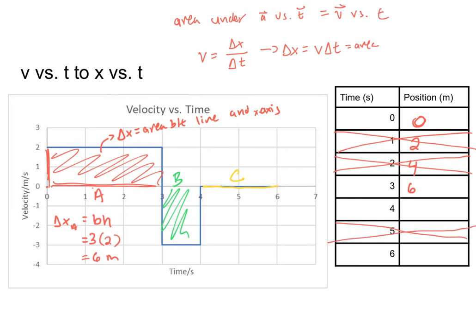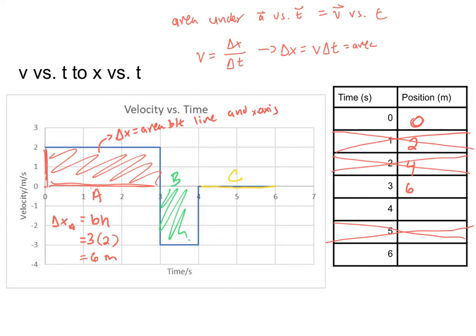So looking at area, that's area A. Area B is going to show me my change in position between 3 seconds and 4 seconds. So the change in position over this period of time is again going to be base times height because this is a rectangle.